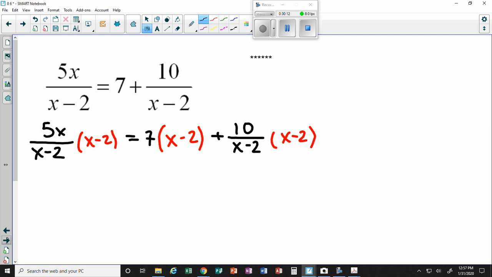So I multiplied everything by that denominator, since there's only one.